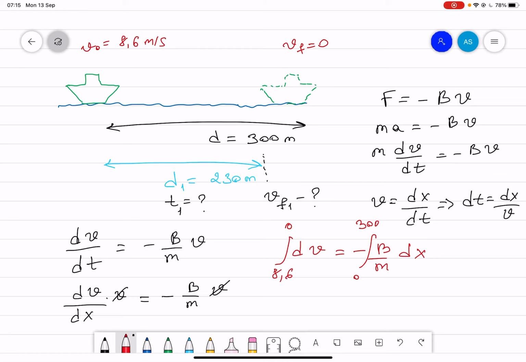Then after that, during the calculation, we can get the constant b over m, which becomes 0.0286. Okay, right now we found the constant. Let's highlight it.